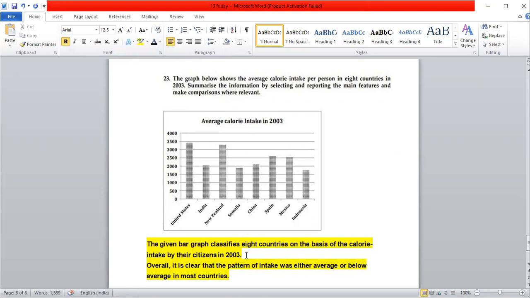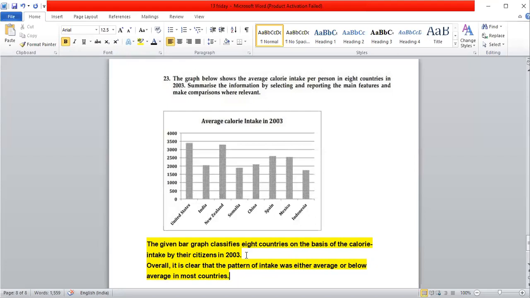The given bar chart classifies 8 countries on the basis of calorie intake by their citizens in 2003. It gives you an idea of how these 8 countries differed in calorie intake. So this bar graph is classifying 8 countries on the basis of calorie intake by their own citizens in 2003.